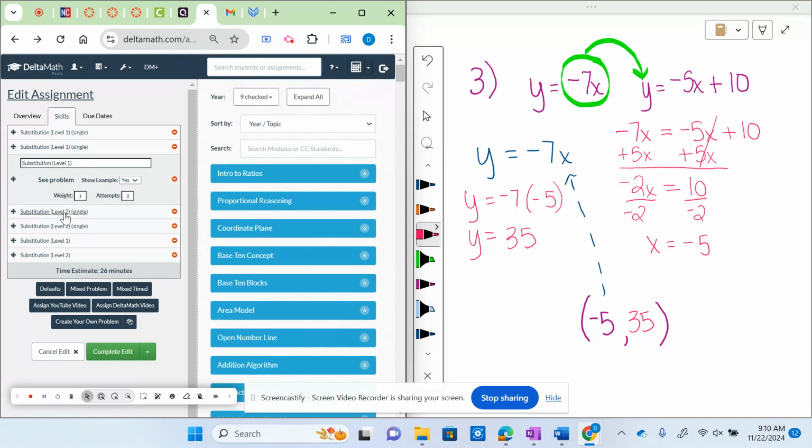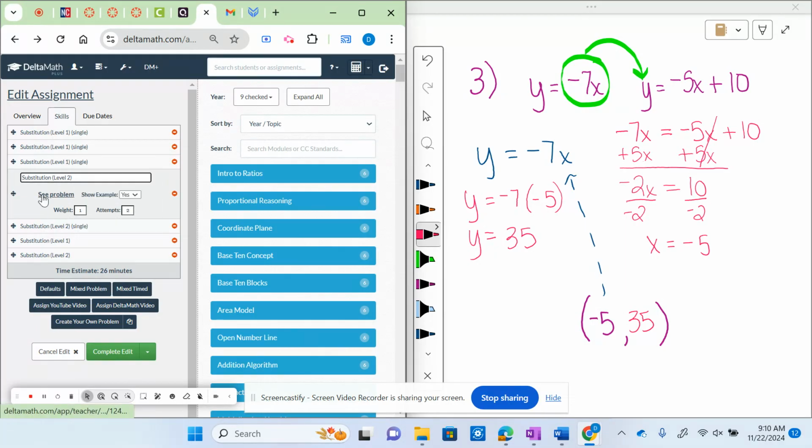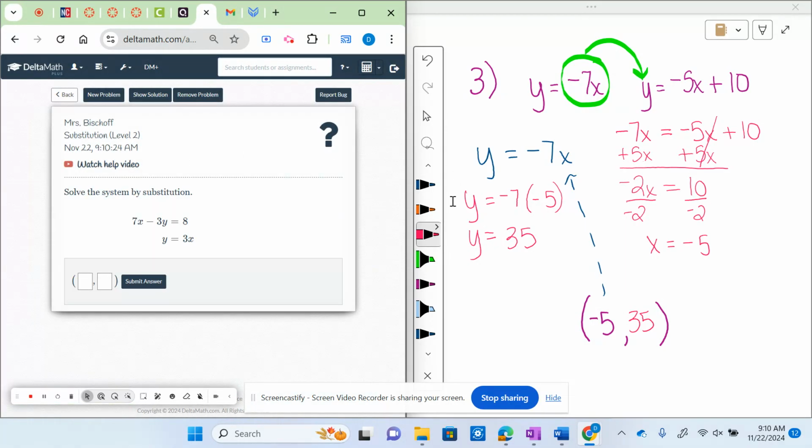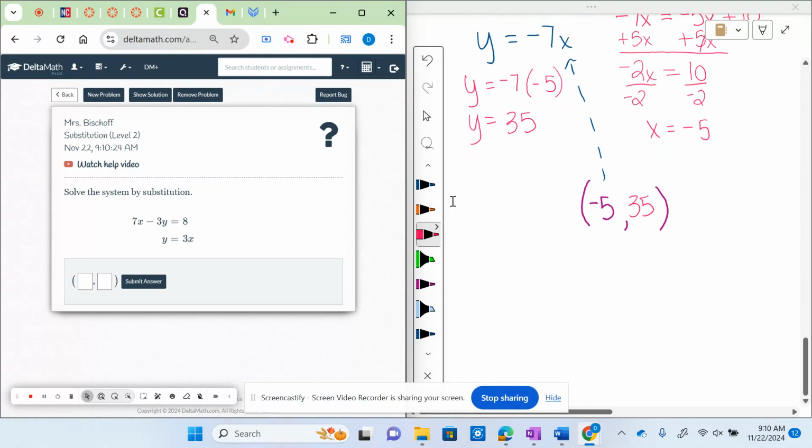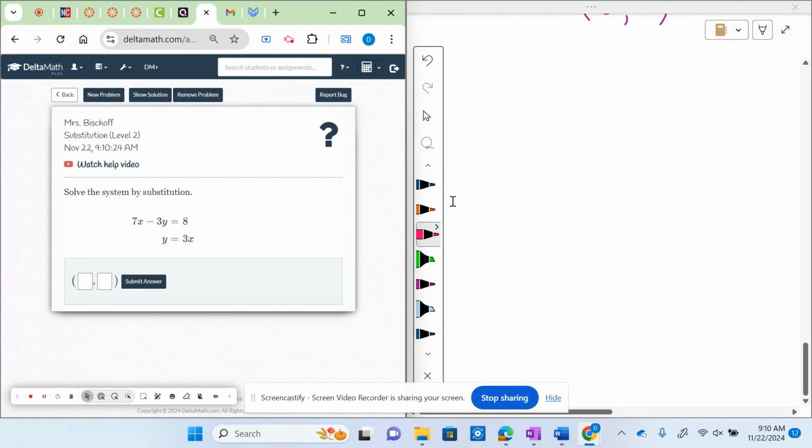Easy? Okay. I'm going to try one that looks a little bit different. Question number 4. My first equation, 7x minus 3y equals 8.